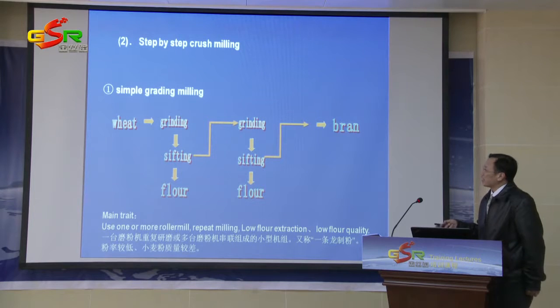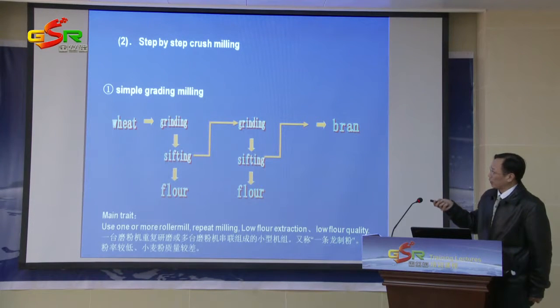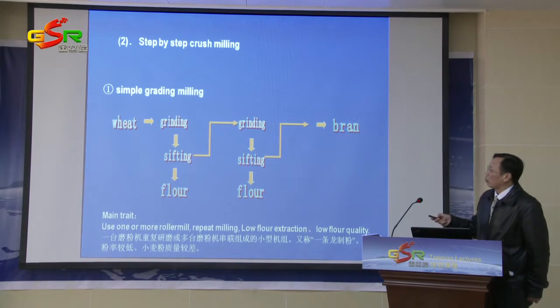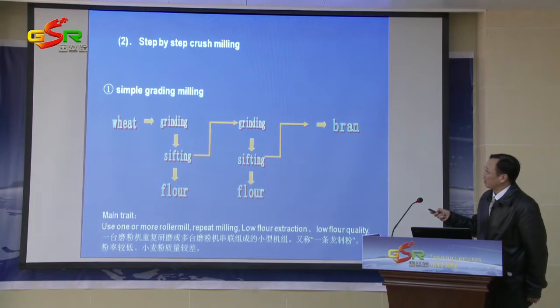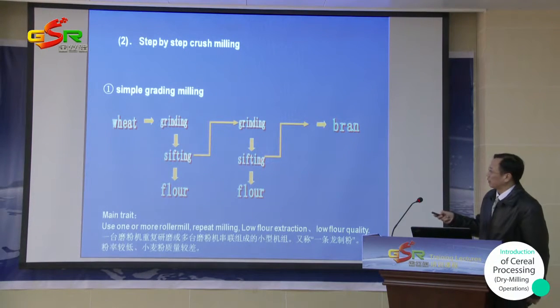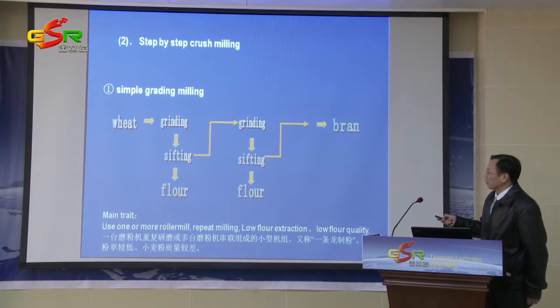And the complicated flow for wheat milling has many steps. We use many mills to grind the wheat and more sieves to sift the material to get flour, and the larger material from the first grinding goes to a second grinding to get smaller material, and sifting to get flour and bran.